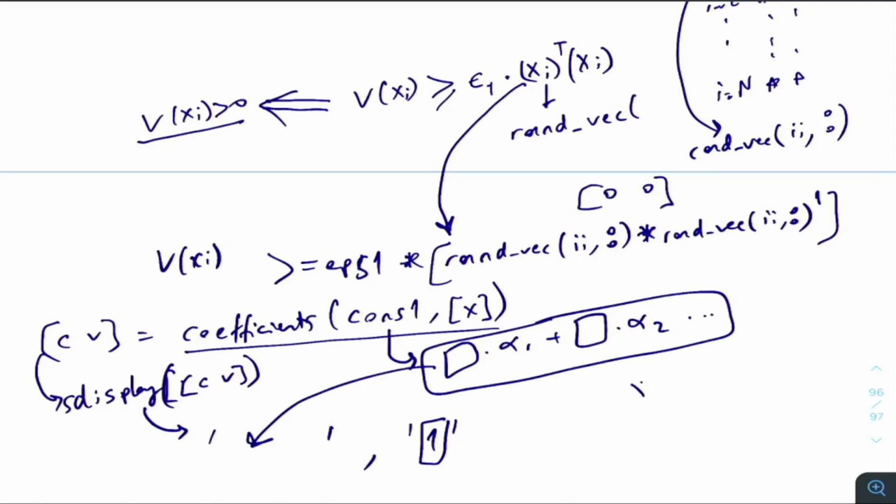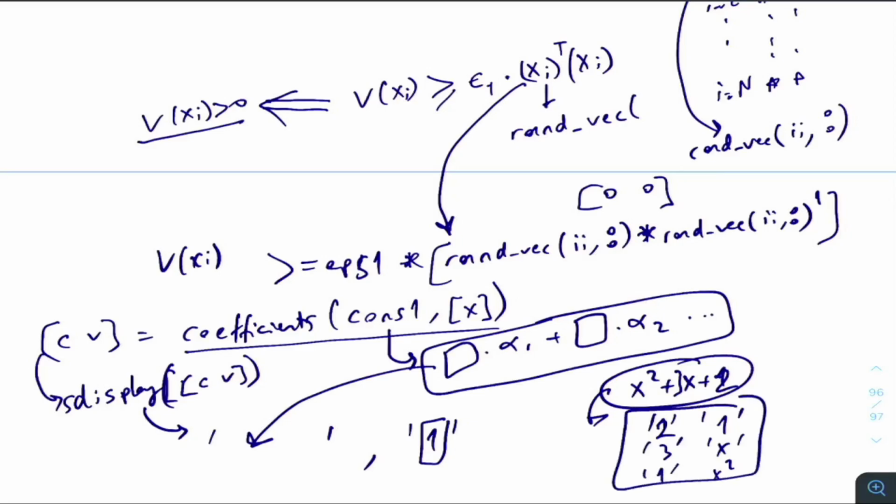For example, x squared plus 3x plus 1. If you use coefficients and then display them, you will see 1, x and x squared, 1, right, or maybe I should use 2, 3 and 1, right? You will see something like this, and this is the rationale behind it. That's why it's written 1 here.